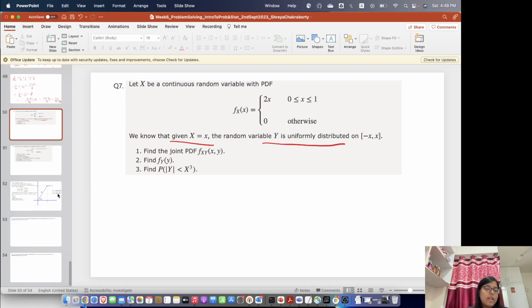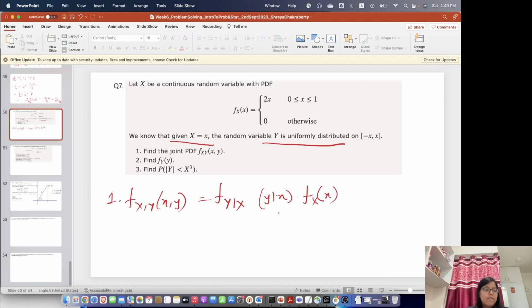So now we have to find out the joint probability of x and y. So the joint probability xy is given by probability y given x into probability of x.